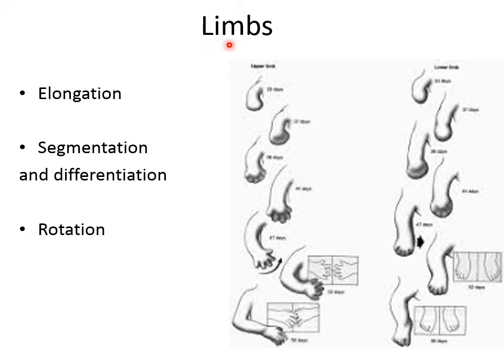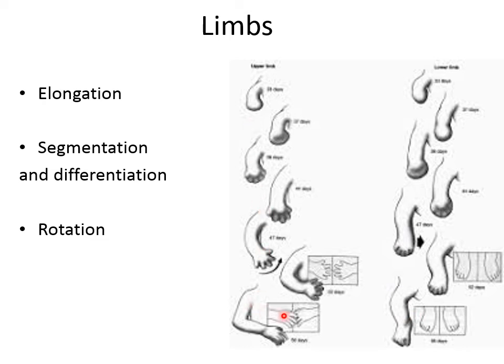So how do the limbs reach their final position and shape? Firstly, it starts by elongation, the limb bud elongates. Then segmentation and differentiation of the different bones in the upper limb and in the lower limb.